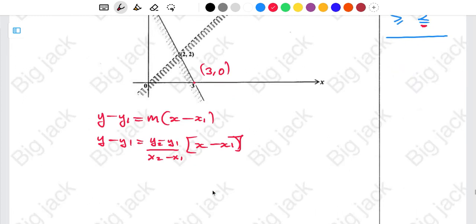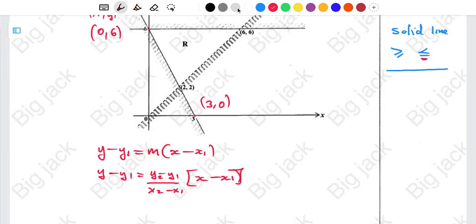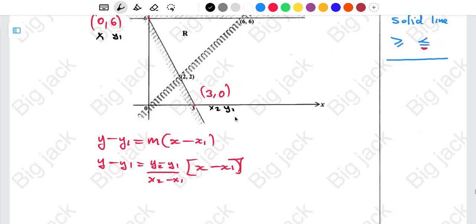So let's start. We can label these coordinates as x1, y1, x2, y2. That is what we have. We don't have y here.